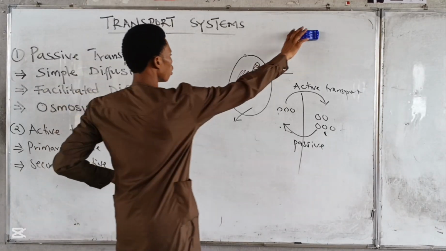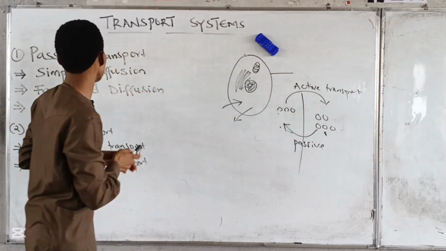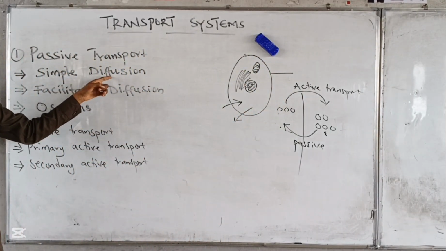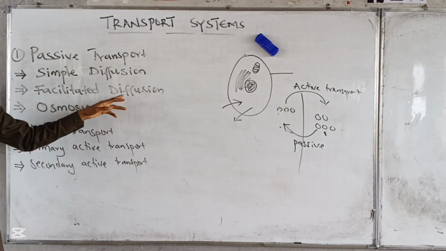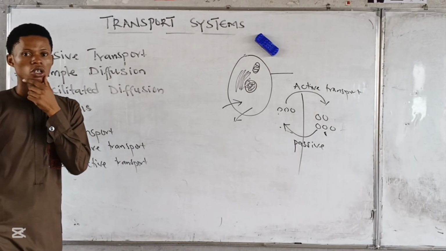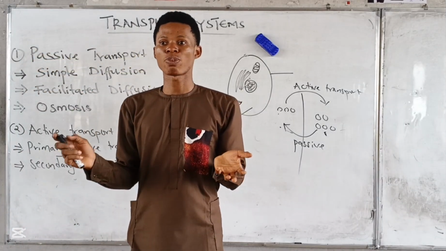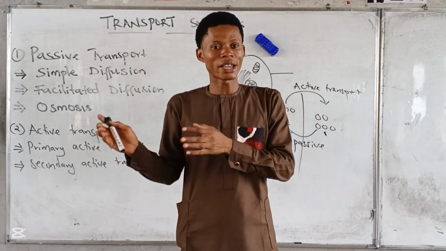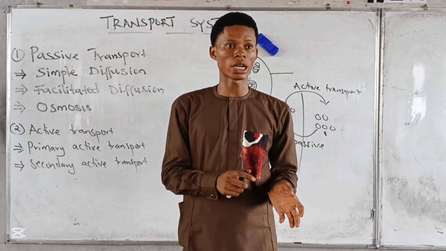Now, the types of passive transport: number one, simple diffusion; number two, facilitated diffusion; and number three, osmosis. Now, let's start with simple diffusion. We already know that in passive transport, we are moving from high concentration to low concentration, right?